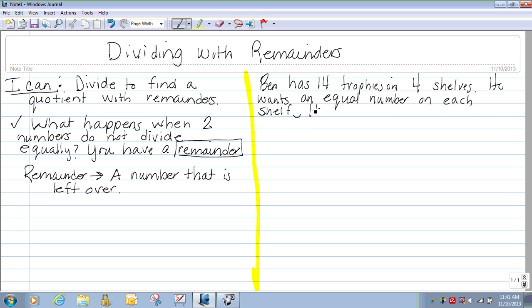How many will be left over? Or how many will be the remainder?